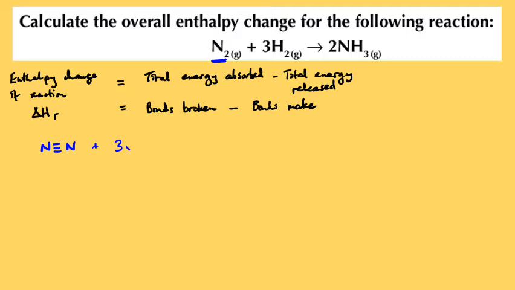The hydrogen molecules have a single covalent bond, but there's 3 of them, and they go to make ammonia, which looks like this, but there's 2 of them, so I can draw them like this. In fact, instead of writing 3 times that, why don't I just make it even simpler and draw 3 of them. Okay, so we can see all the bonds we've got to break and all the bonds that are being made.